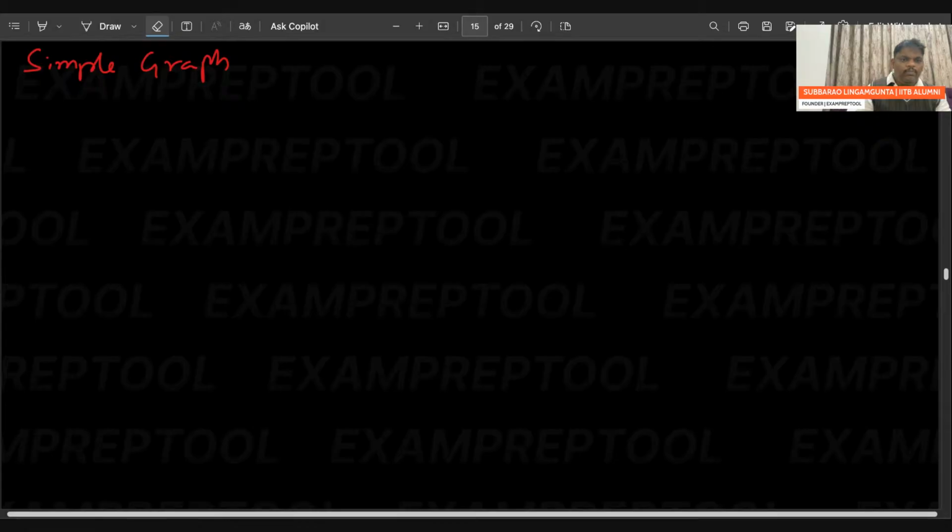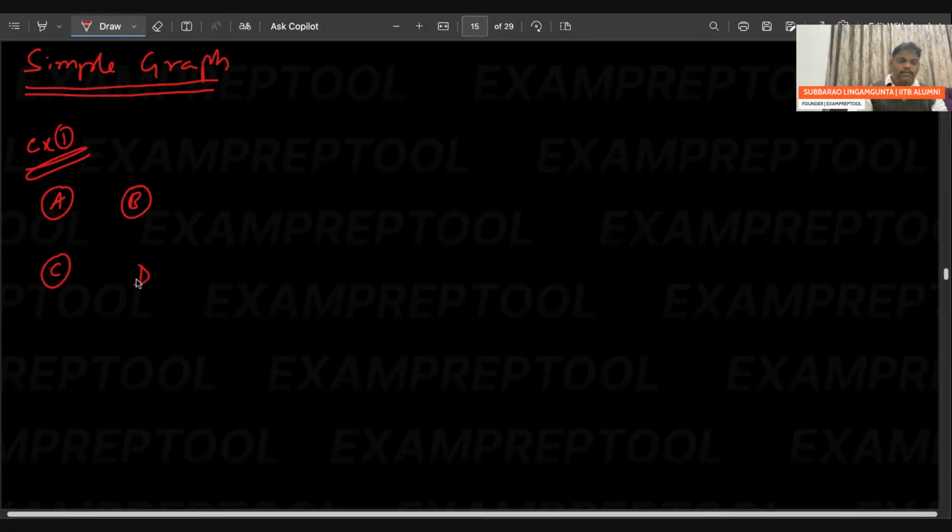Careful everyone. Simple graph. So our discussion is about simple graphs only. In the simple graph, let me talk about the first model. Let's write a few examples. Example 1. First model: A, B, C, D. So many simple graphs are possible.